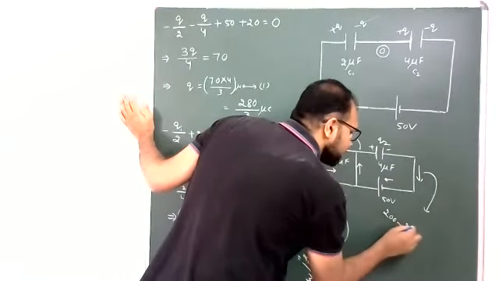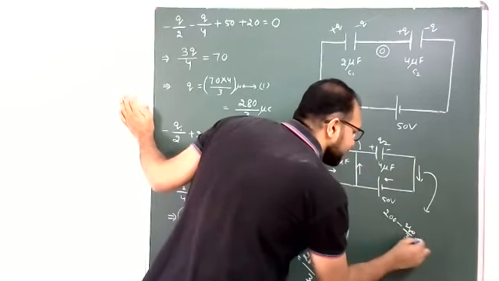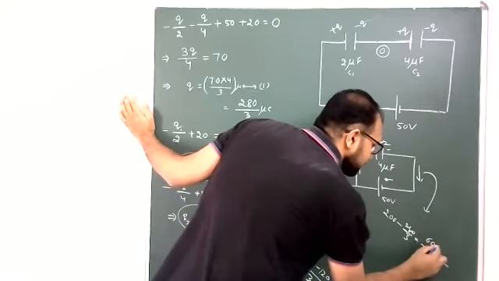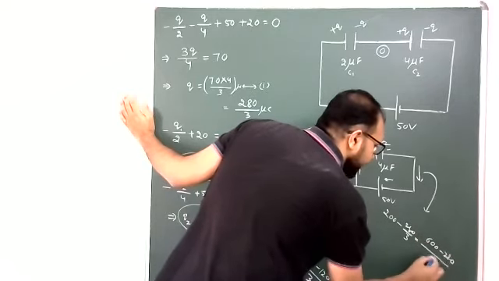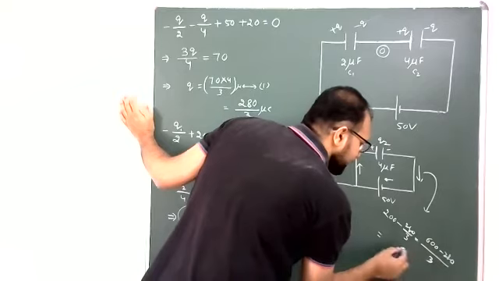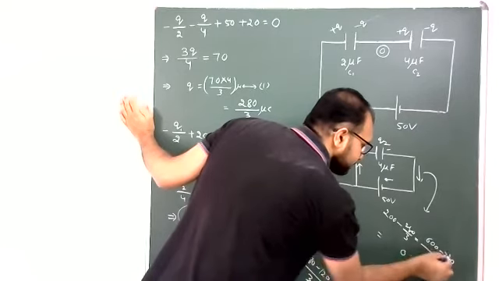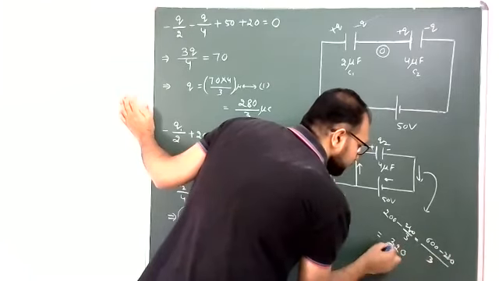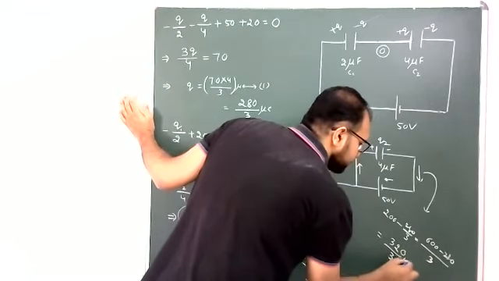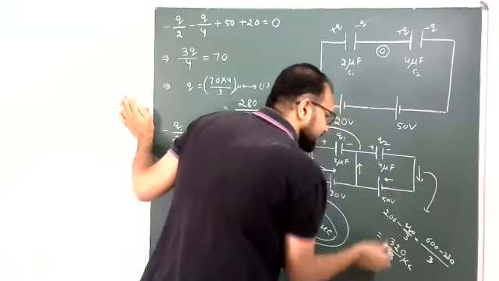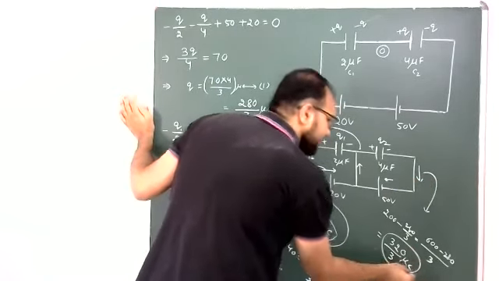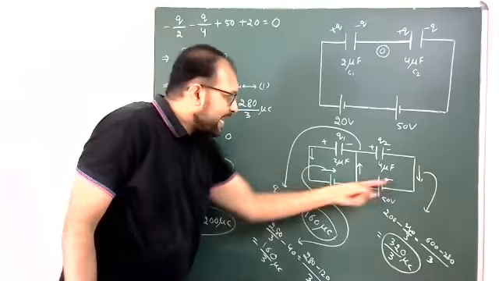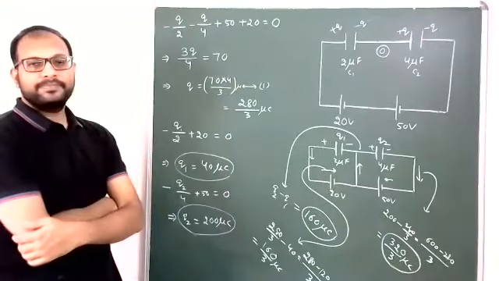So 200 minus 280 by 3, that is 600 minus 280 by 3, which is 320 by 3 microcoulombs. In this direction it is now transported.